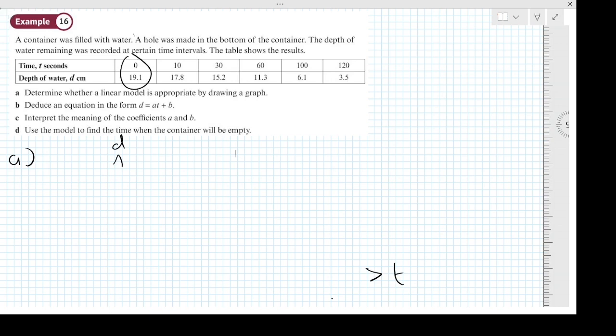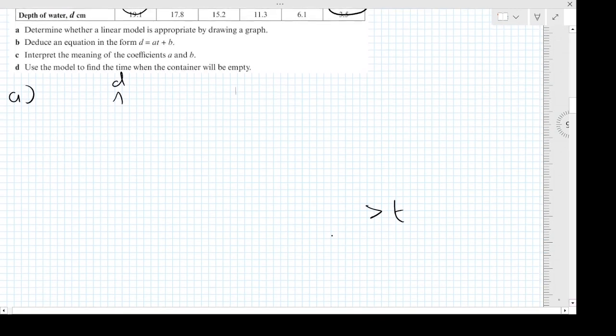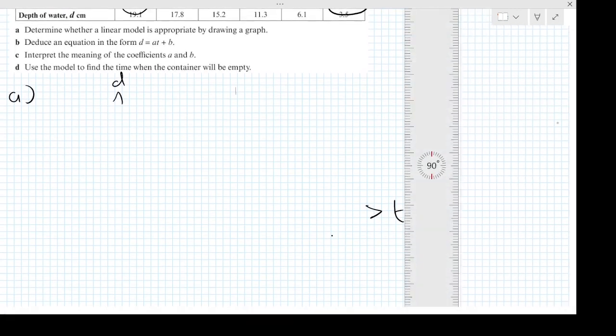This data, so 0, 19.1, 10, 17.8, and so on. Well, I need to think of a scale, because I need to draw my axes with a sensible scale that matches all these points. Well, let's look at time first. Time is between 0 and 120, so it's best to go from 0 to 120. Okay, that's why I got this trusty ruler here.